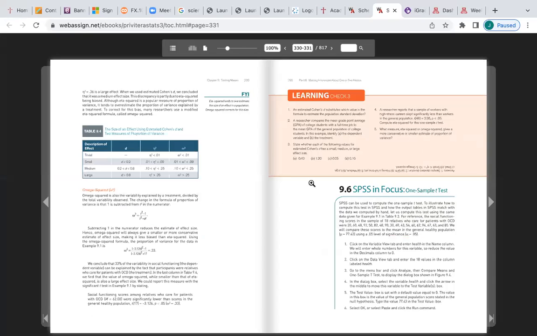All right, so 9.6. We're going to enter, including the variable tab, and enter health in the name column. And we're going to enter whole numbers. So let's open up SPSS. So it opens.